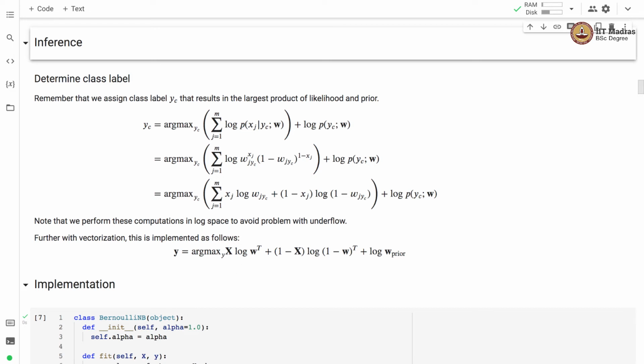This calculation can be performed in vectorized form by taking a product of x and log of w transpose, plus 1 minus x. This is another feature matrix, obtained by subtracting the feature matrix from 1, multiplied by log of 1 minus w transpose, and we add the log of the prior vector to this calculation, and we get the class label for each and every example in the test set.